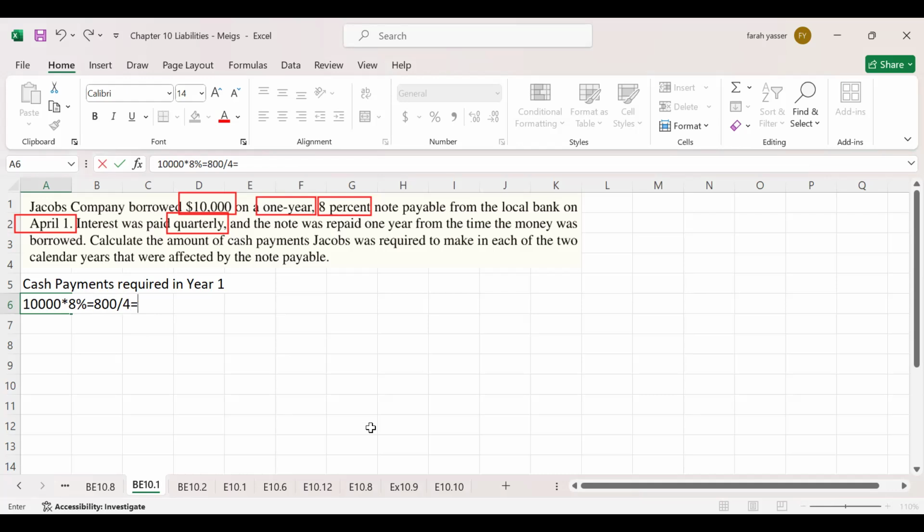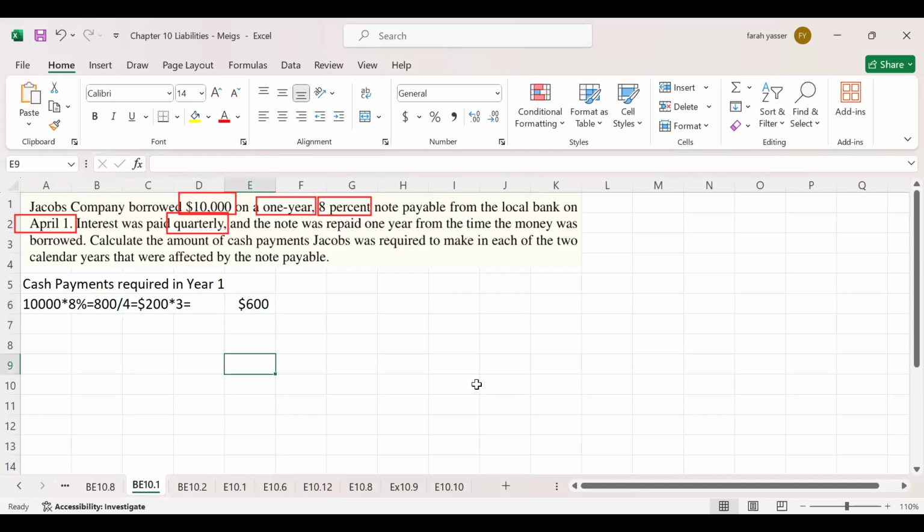So we divide by 4, and the per quarter payment is $200. So the first year will be covered by 3 quarters from April to December 31st because the company is using calendar years. From April 1st to December 31st, there are 9 months, which means 3 quarters. So the company is going to pay interest for 3 quarters. So year one, 3 quarters payment total $600. So the first year total payment is $600.